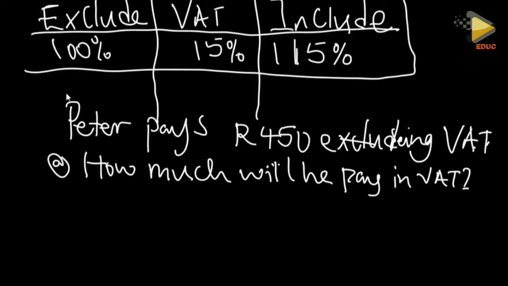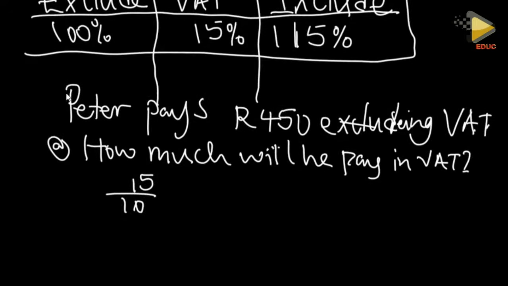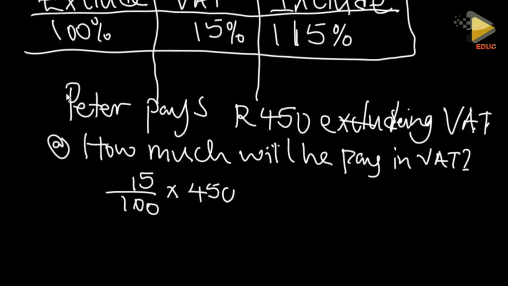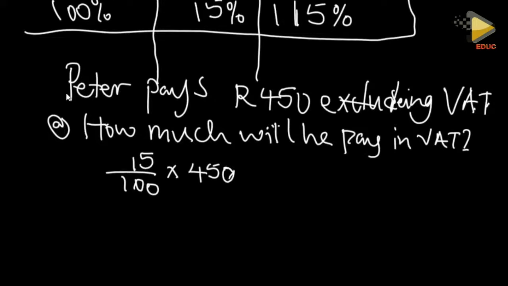It's at 100%. But we want to know how much will he pay in VAT. Because you're looking for VAT, we shall start with 15% times the money he wants to pay. So the amount you get here will be the value of VAT.